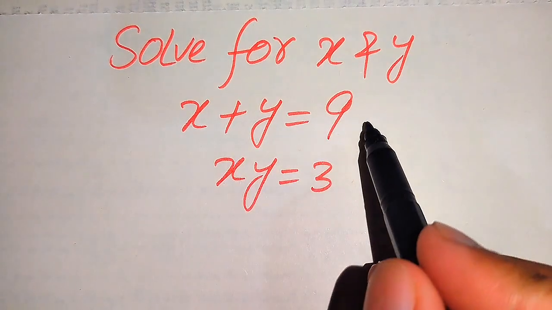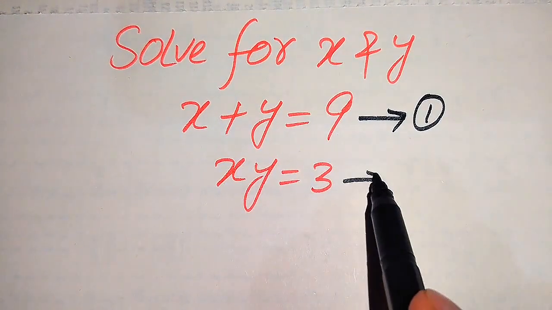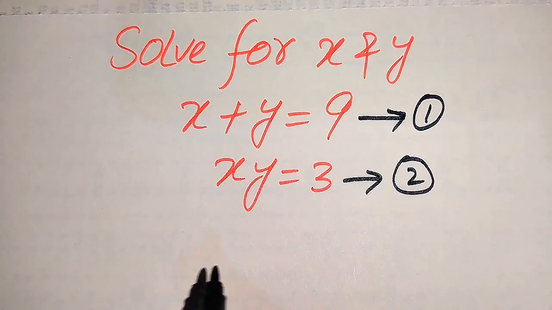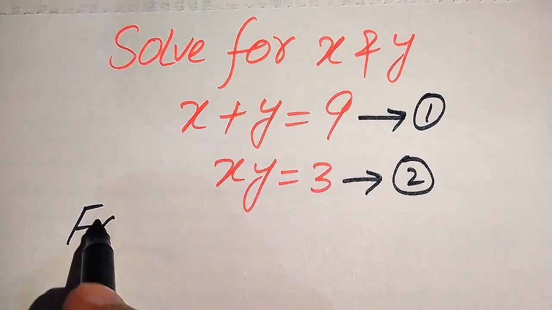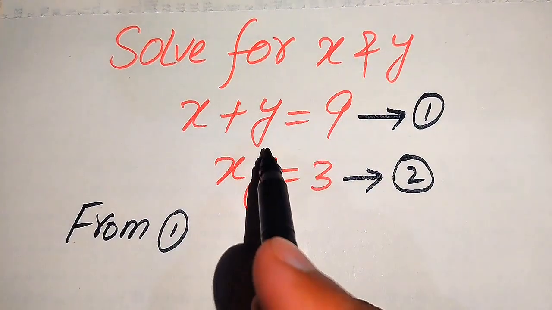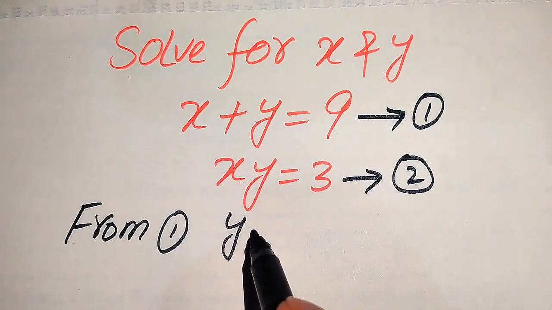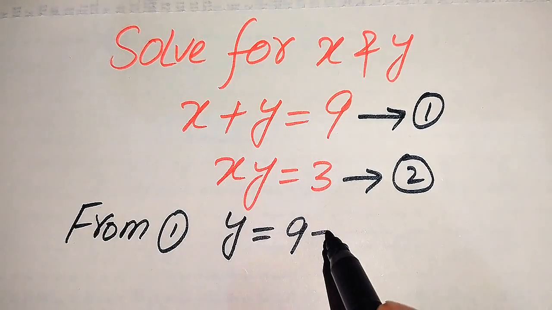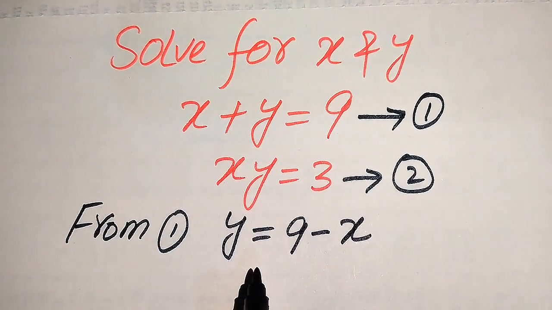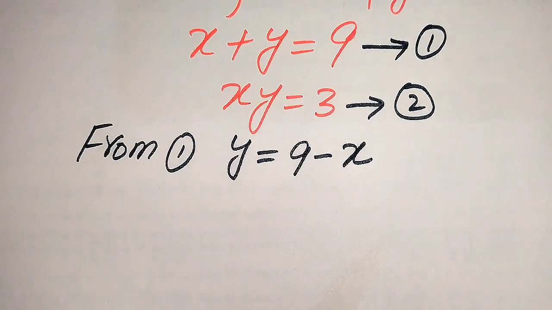And now we first write this equation as equation number 1 and call this our equation number 2. So here first we need to focus on equation number 1, so from equation number 1 we need to move this x to the right hand side, and we will get here y is equal to 9 minus x, because this x is positive on the left hand side, and when we move it to the right hand side it becomes negative.